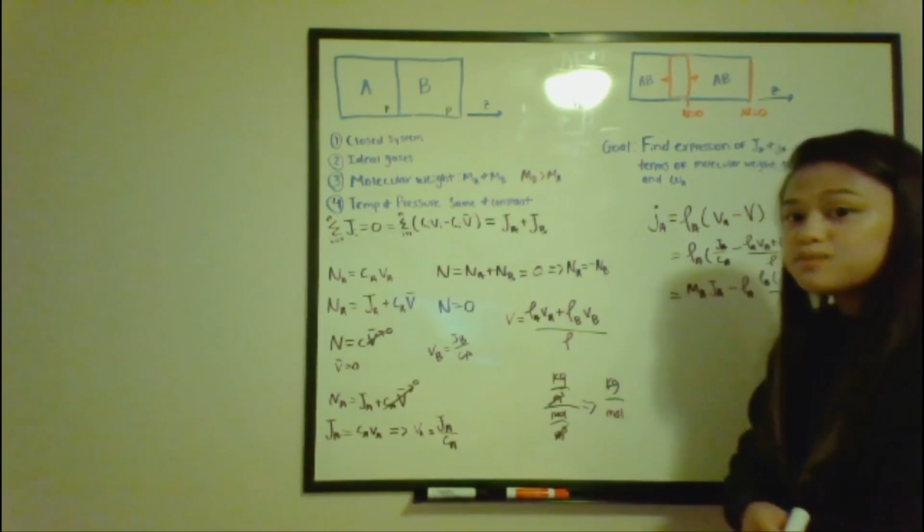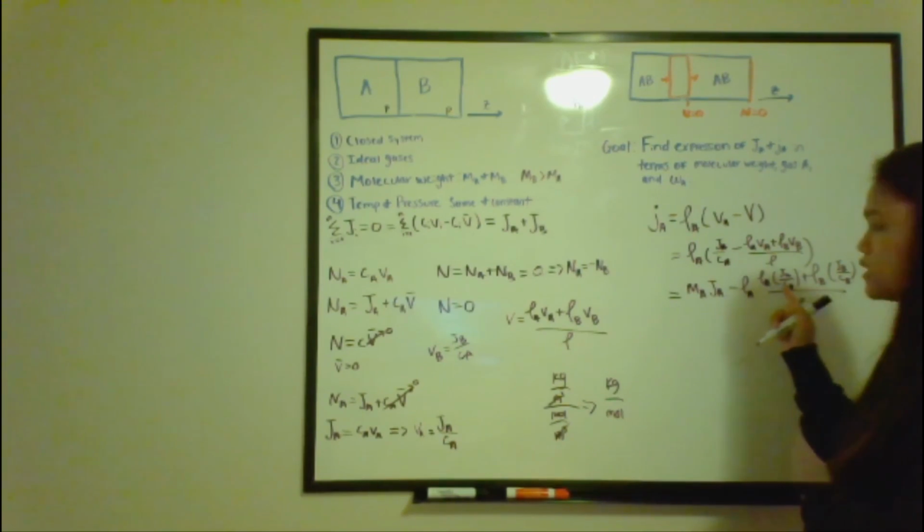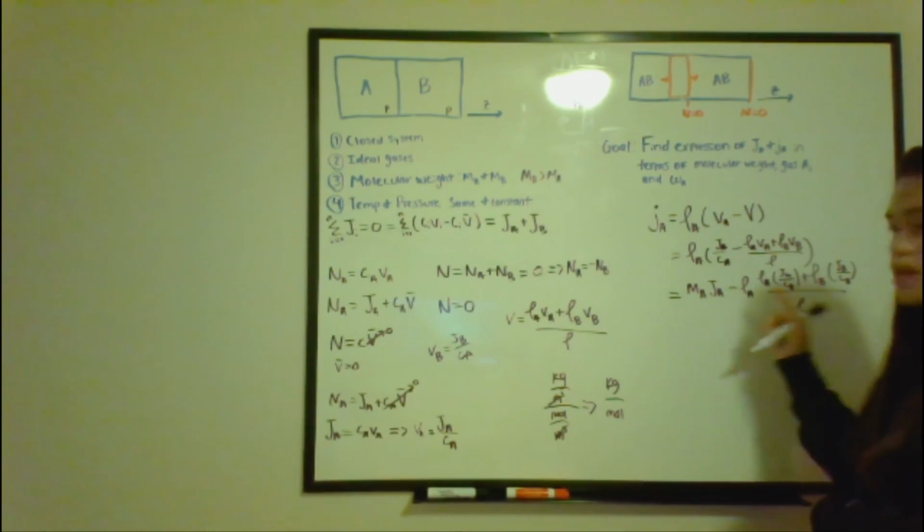We can simplify this more. We see that there's a density over concentration again, so we're going to simplify it the same way using molecular weight.